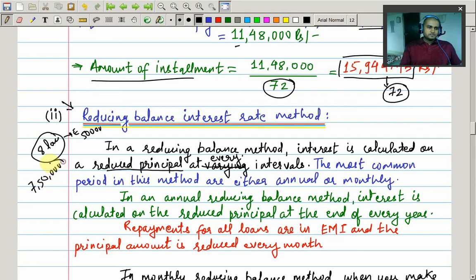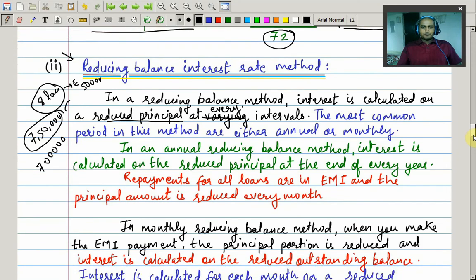Then my interest will be calculated on this amount. Then I will pay again 50,000, so it comes to 7 lakhs. So this is the method of reducing balance. My balance keeps on reducing and interest is calculated on the reduced outstanding balance. So obviously interest is also coming less after every installment period.